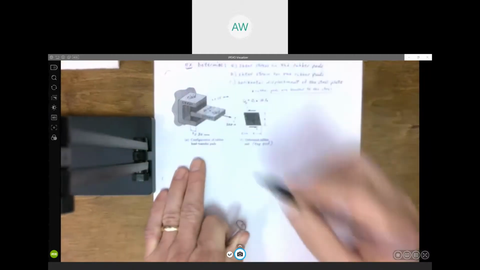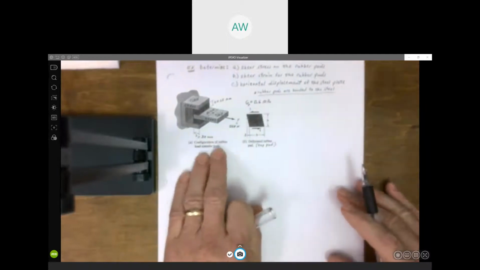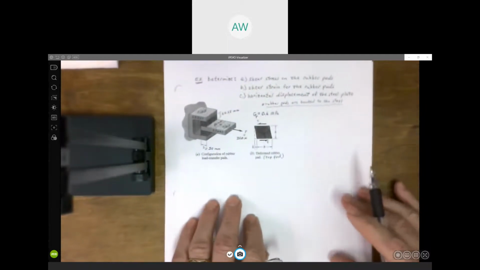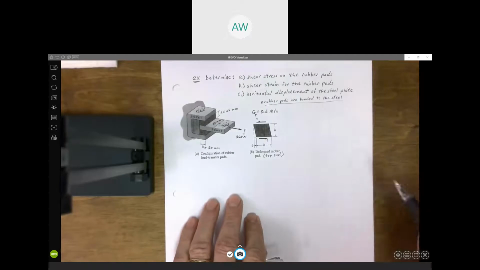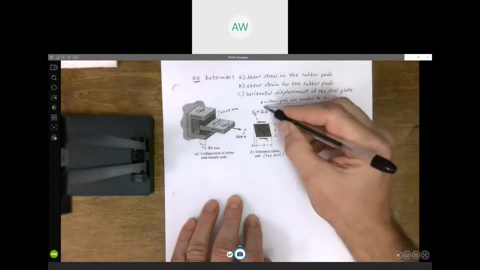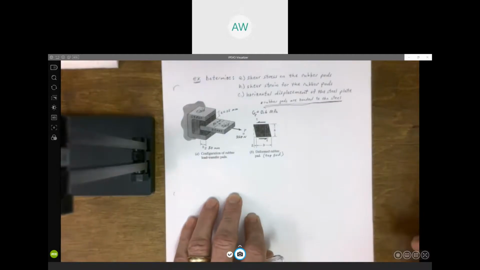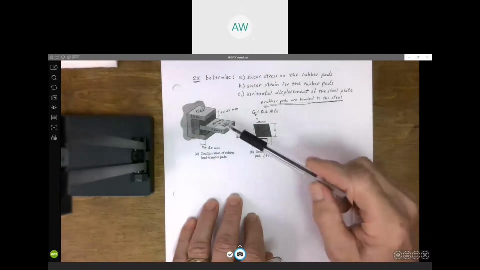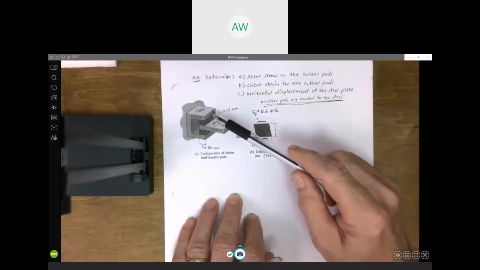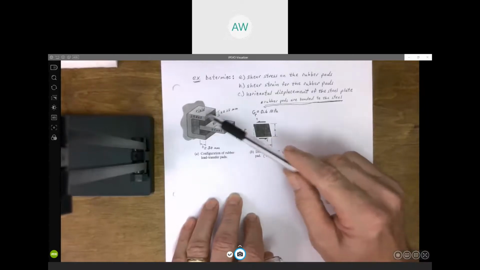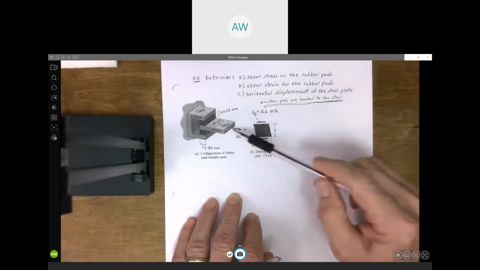Those two darker pieces are rubber, and it's bonded to the steel. So some kind of epoxy, some kind of strong glue is used to glue those rubber pads to the steel C-shaped bracket and our flat steel plate.